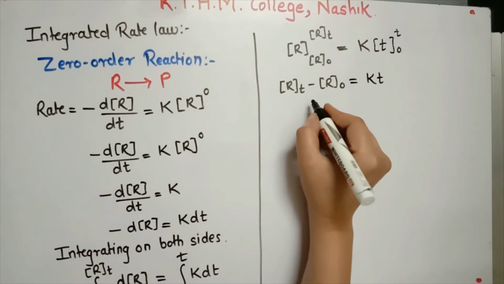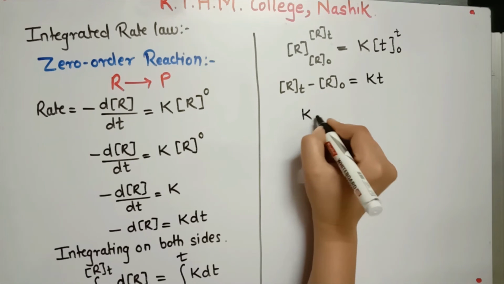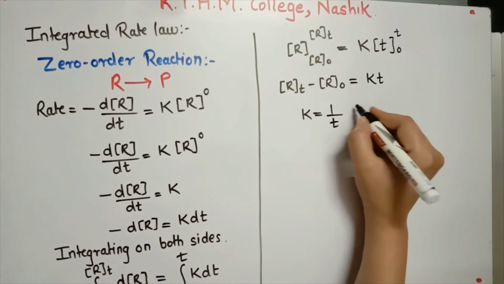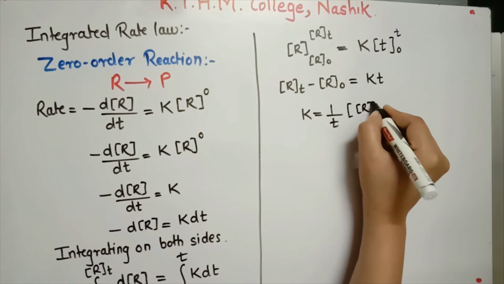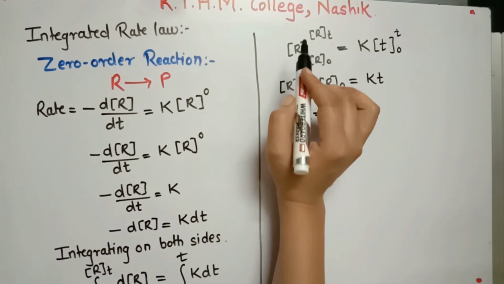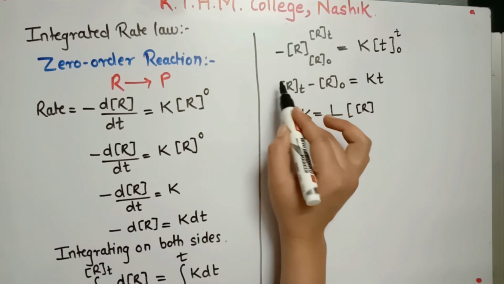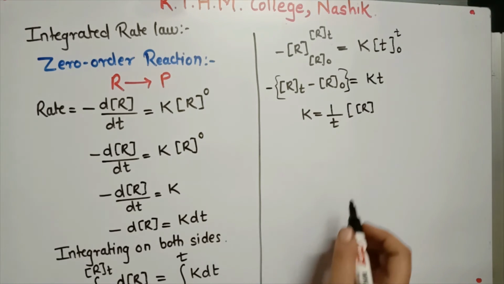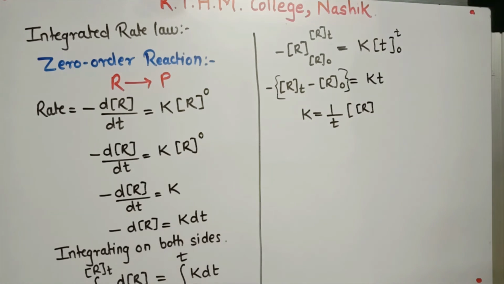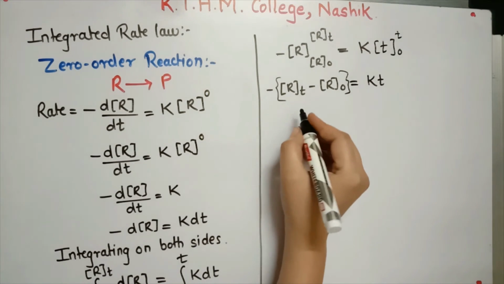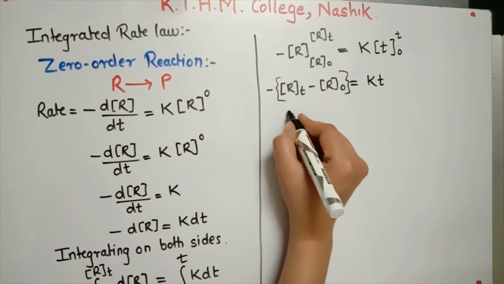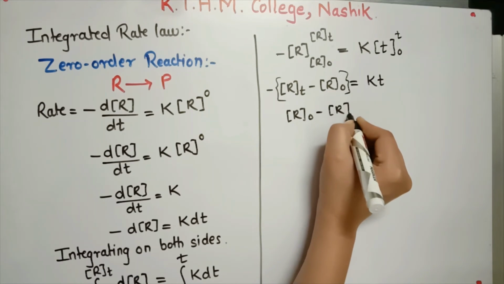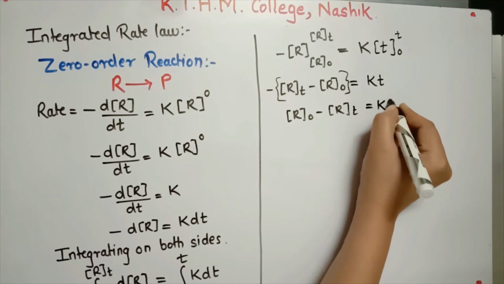Here there is a minus sign outward. So now merging this minus sign, that will become R0 minus RT is equal to KT.